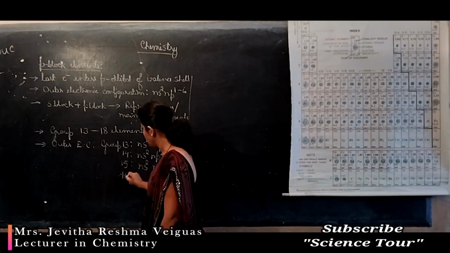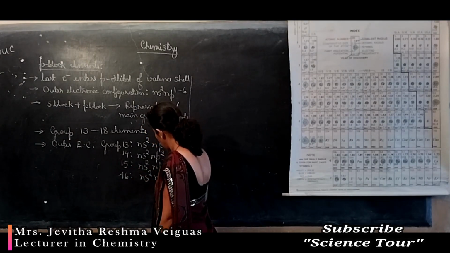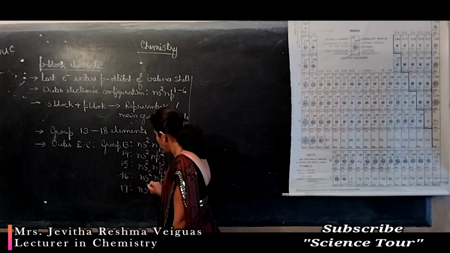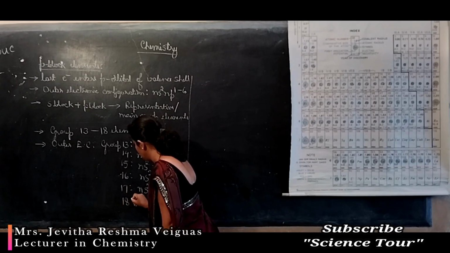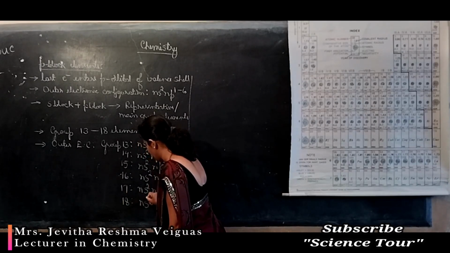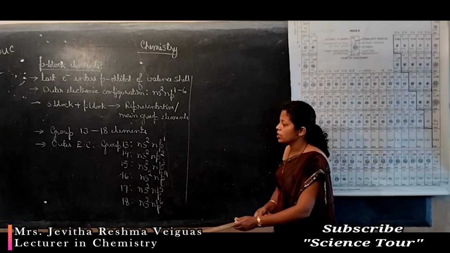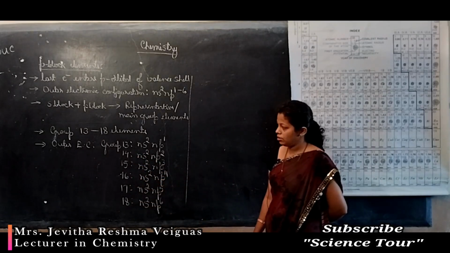Group 16, ns2 np4. Group 17, ns2 np5. Group 18, ns2 np6. These are the electronic configurations of group 13, 14, 15, 16, 17, 18 elements.